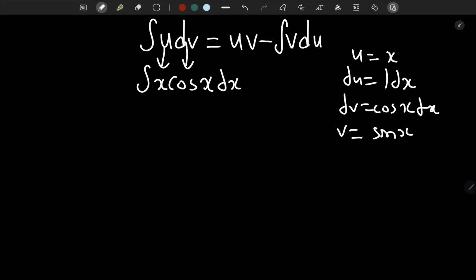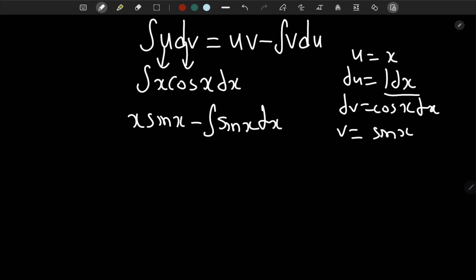So all we need to now do is plug in the formula. So now it's going to be u multiplied by v. So u here is x and v here is sine x. So it's just going to be x sine x minus the integration of v du. So v here is sine x and du here is dx, or 1 dx, which is the same thing.